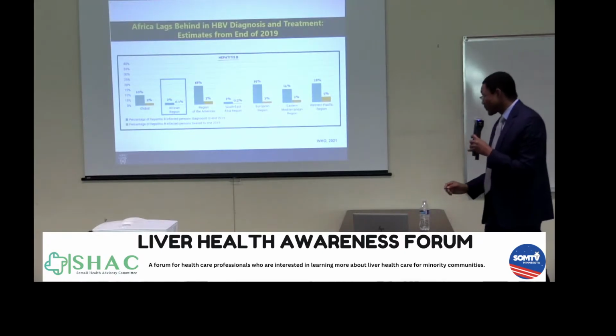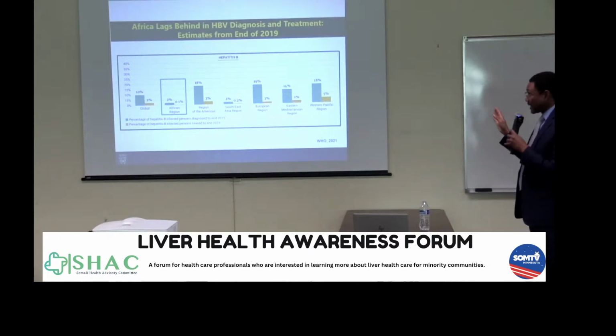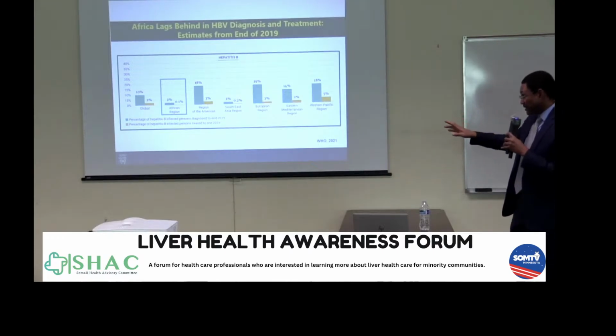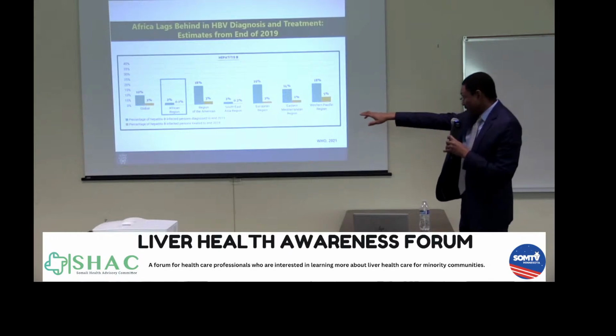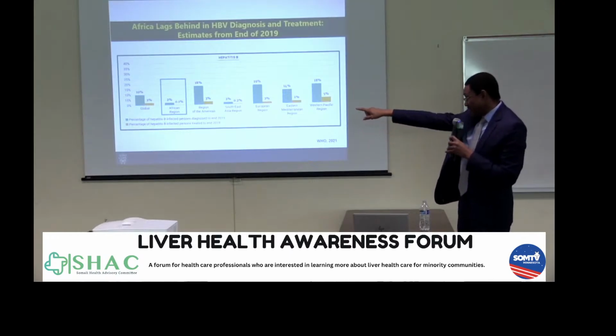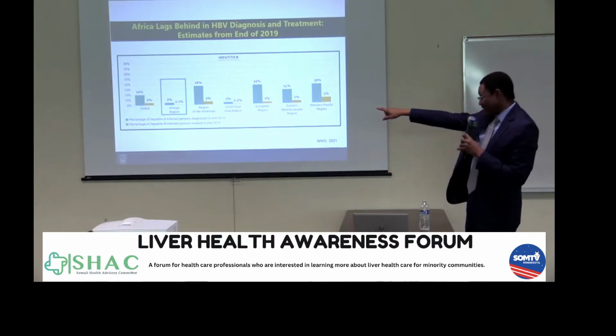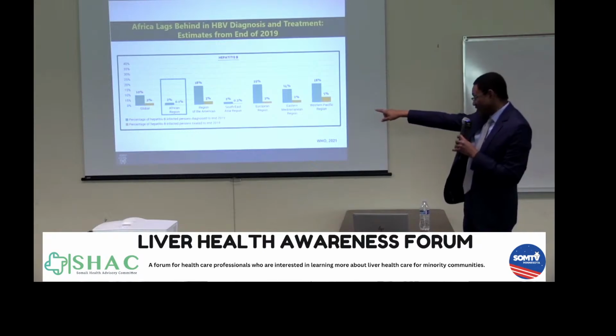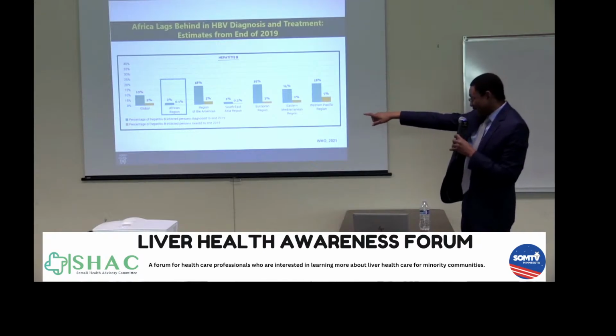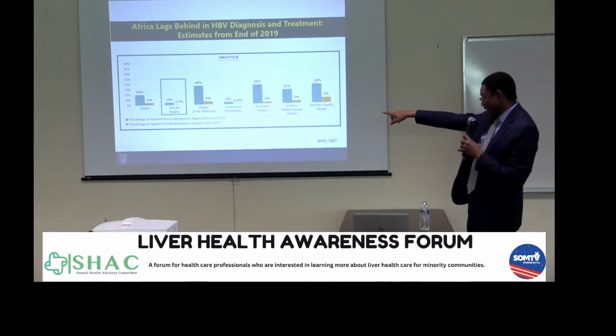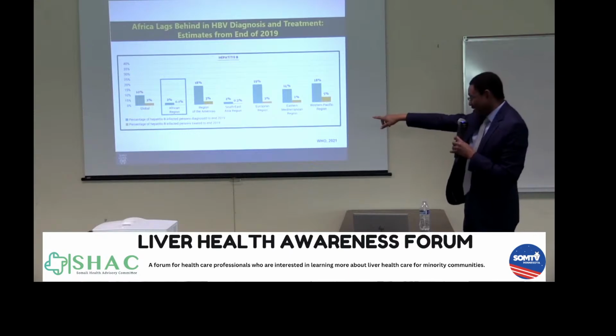And so consequently, Africa lags behind in hepatitis B diagnosis and treatment. Here, the teal is the percentage of hepatitis B infected persons diagnosed to the end of 2019, and the orange-yellow is the percentage of people treated to the end of 2019.